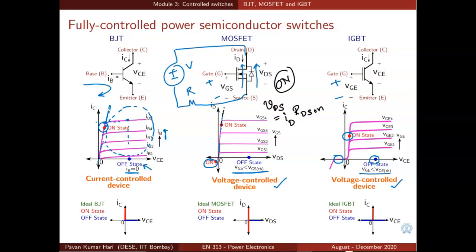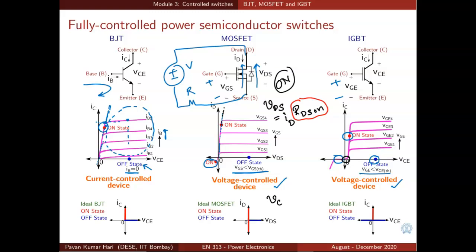This is a very important parameter and it is mentioned by the manufacturers, and in fact often the MOSFETs are selected based on this RDS on. So if you have two MOSFETs with the same voltage and current ratings, one would immediately choose the one with lesser RDS on because it's going to give lesser conduction loss. Whereas in IGBT, you have a minimum voltage that gets dropped when it is on.